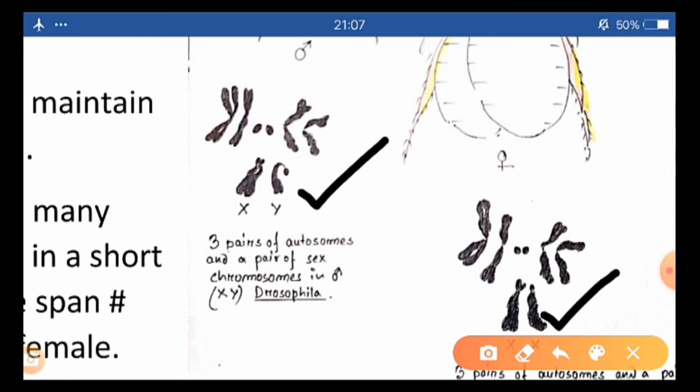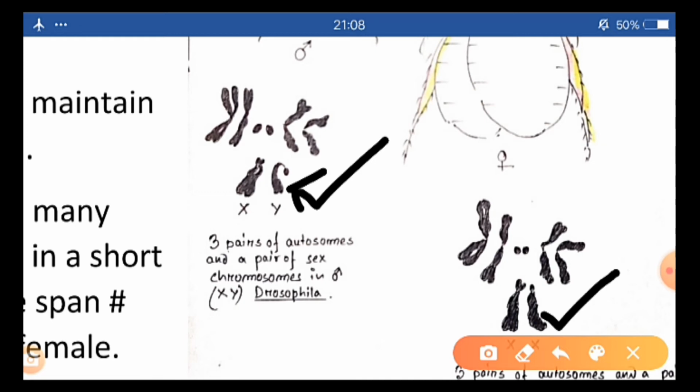One is longer and another one is comparatively shorter. The longer one is termed as Y chromosome, because Wilson in the year 1909 proposed the name Y chromosome. Clear?